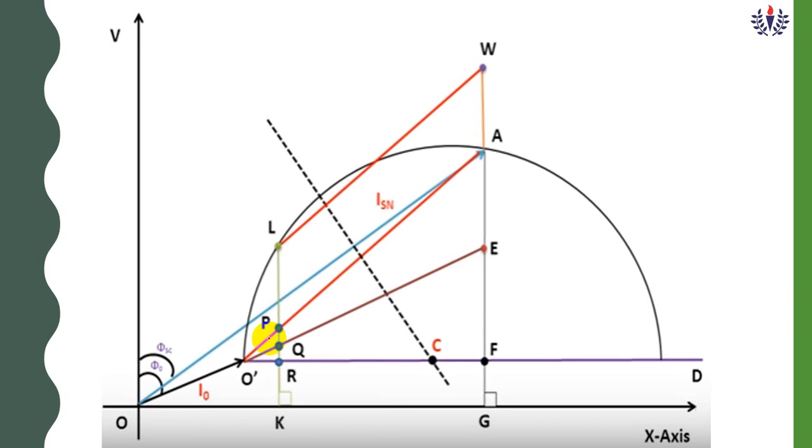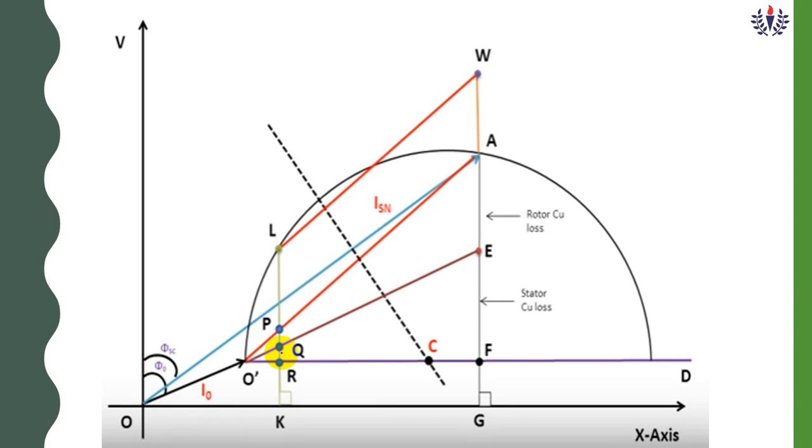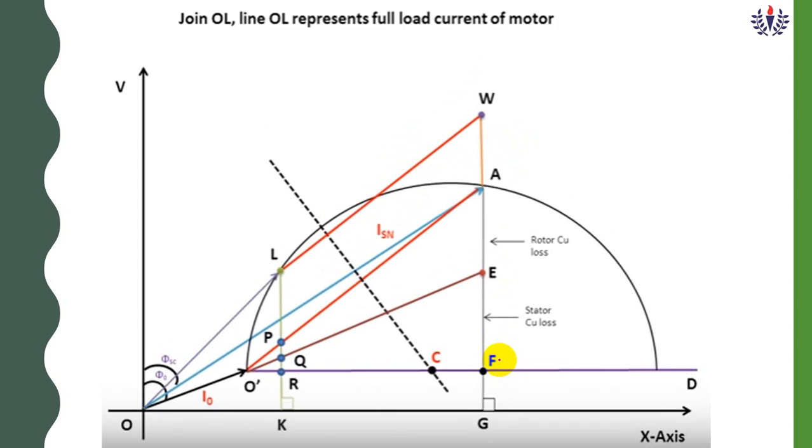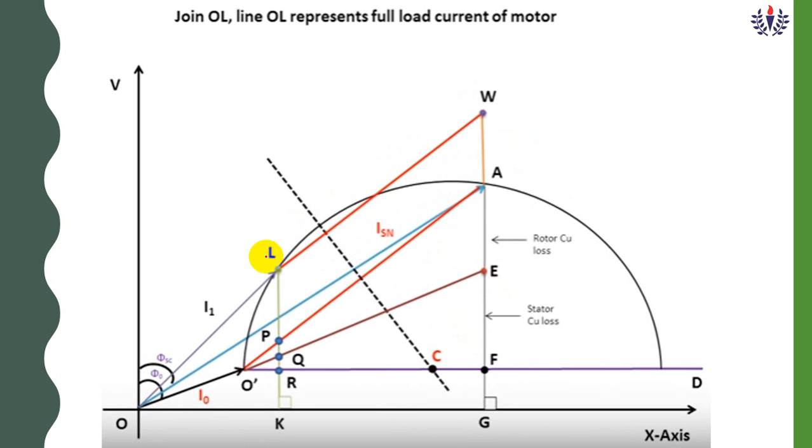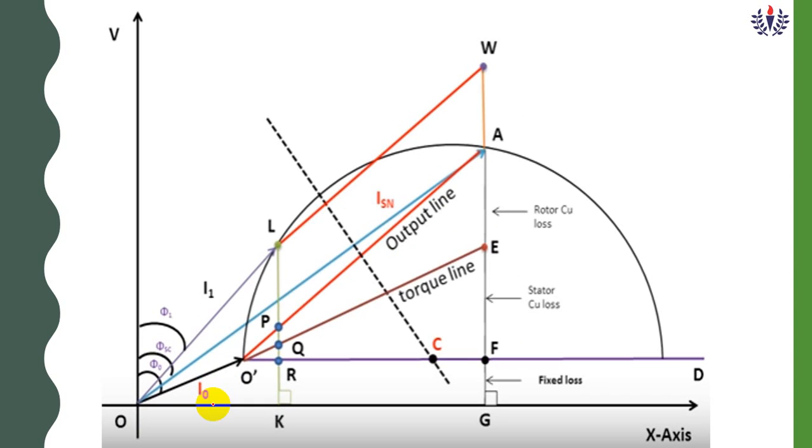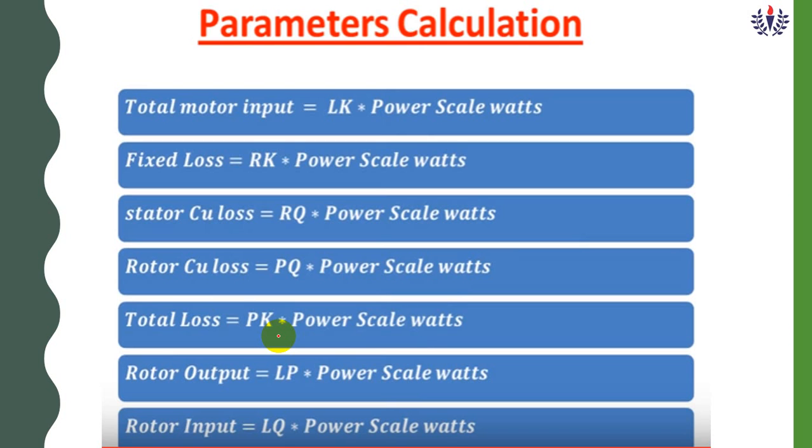So we have to mention the symbols P, Q, R. You see, rotor copper loss is A to E, E to F is stator copper loss, I1 is O to L, and O to O dash will be I0. The output line is A to O dash, and E to O dash is the torque line.